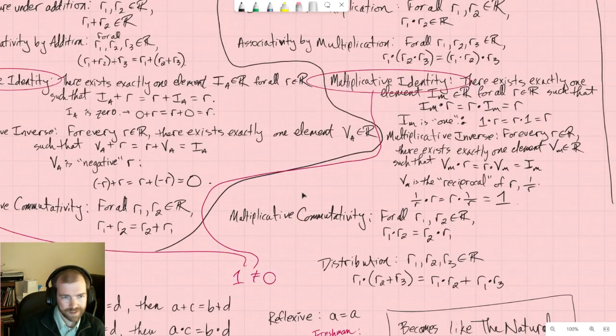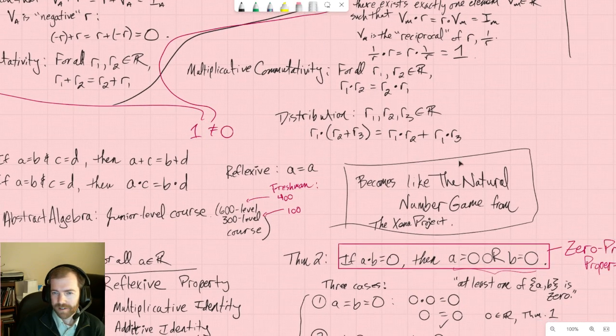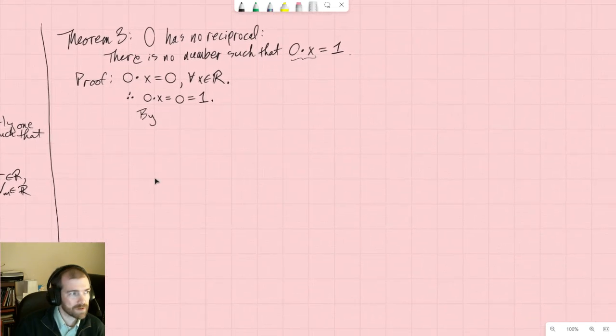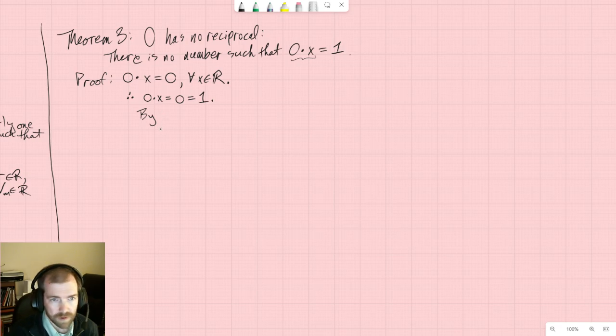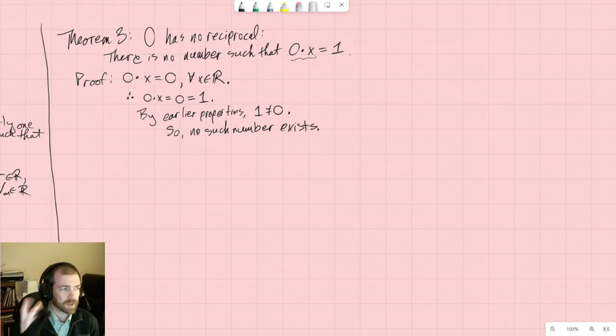Which was that 1 cannot be equal to 0. So due to the fact that 1 cannot be equal to 0, no such number could possibly exist.